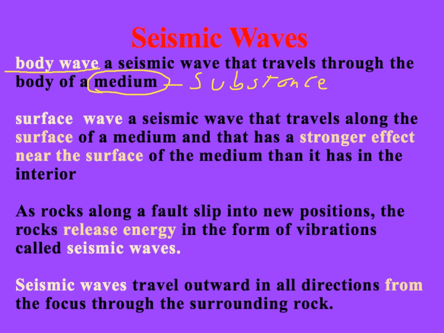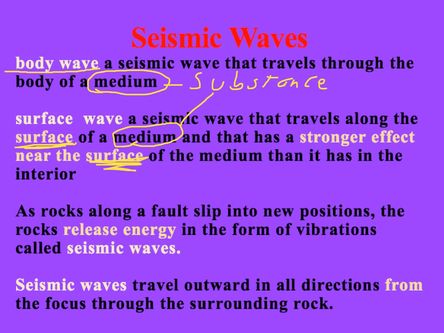There's another type of seismic wave called a surface wave, and they travel along the surface of a medium or a surface of a substance. And the surface waves have a stronger effect at the surface. They influence stuff on the surface of whatever had the earthquake or whatever the wave is passing through, whereas the body waves deal more with the interior.